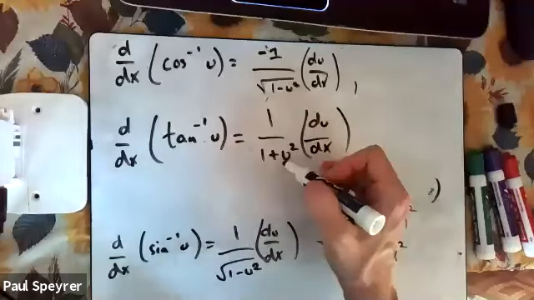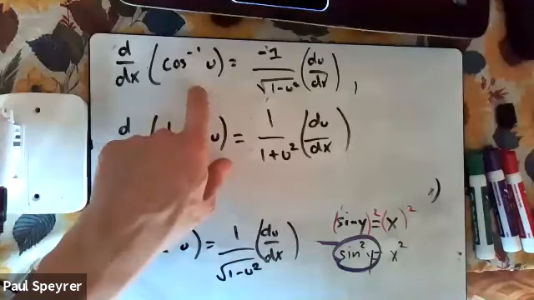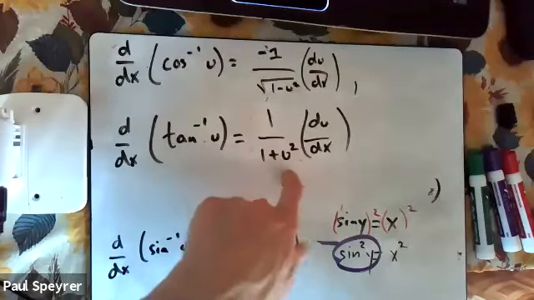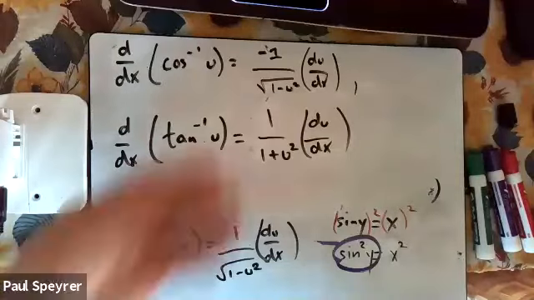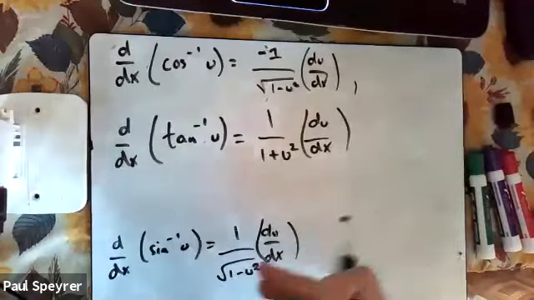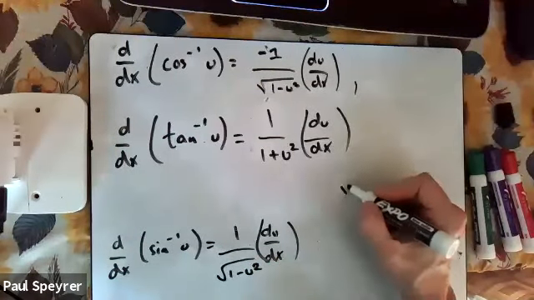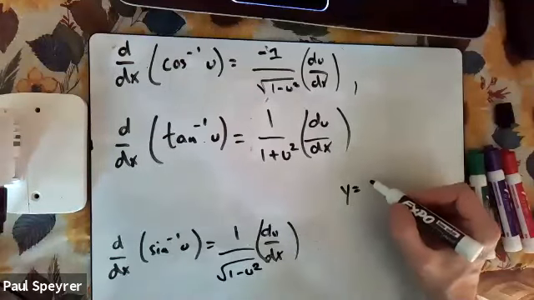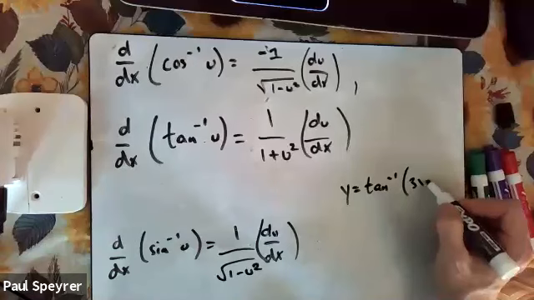This one has no root. So for practice, if you wanted to, you could derive these two, and you should get the same answer. It works the same exact way that we did this one. Same exact steps. So how do we apply these three formulas? Let's say we have y equals arctan of 3x.